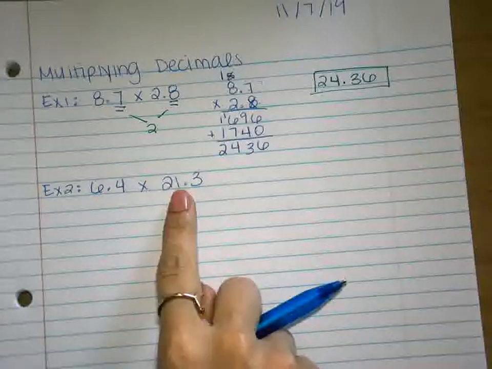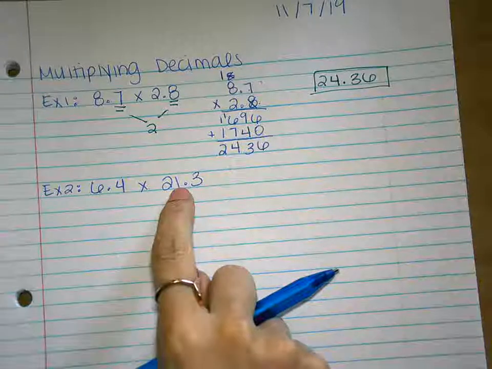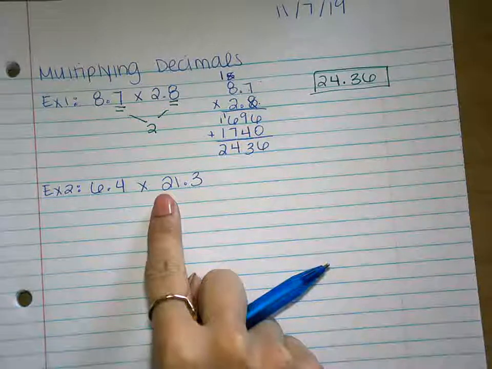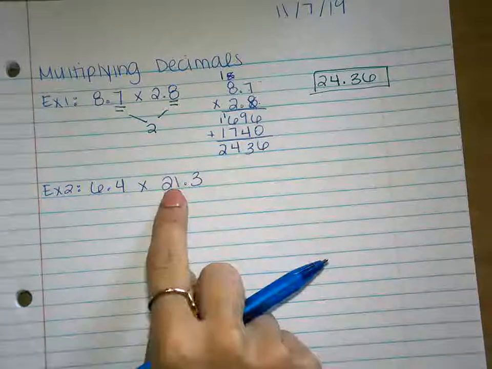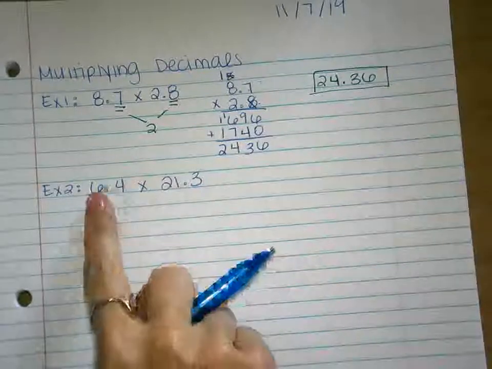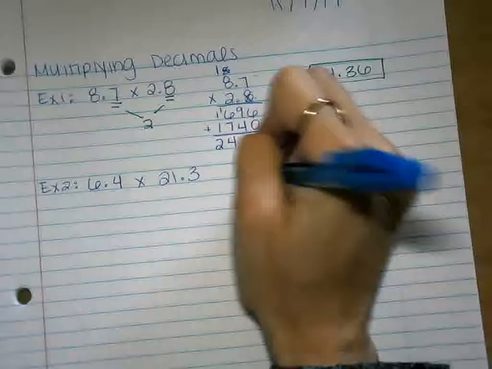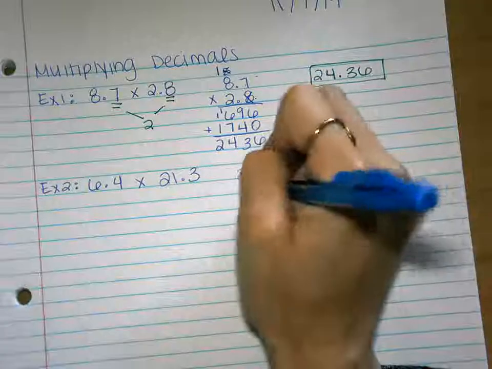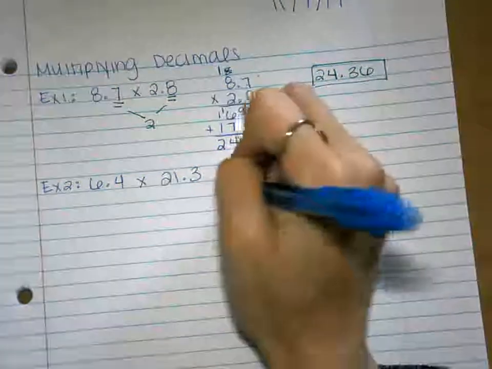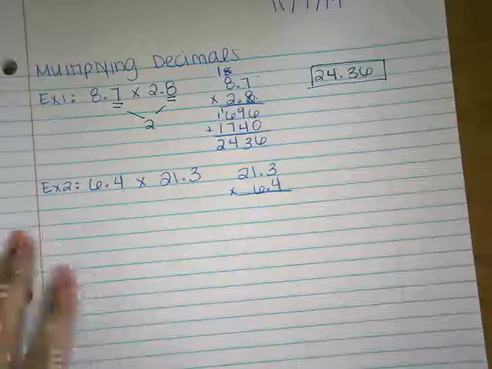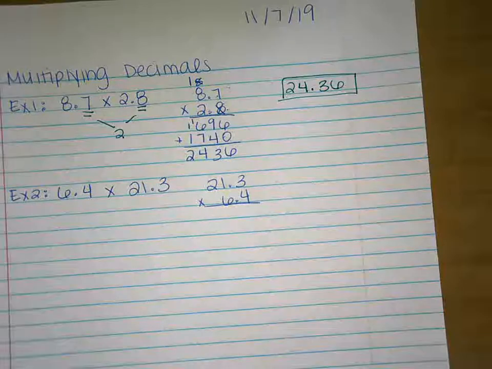Why would I put 21.3 on top? Not because it has the most numbers. Has nothing to do with it being bigger, but it has the more numbers. This has 2 numbers, this has 3. Always put the number that has the most amount of digits on top. So 21.3 times 6.4. Everyone multiply that together for me.